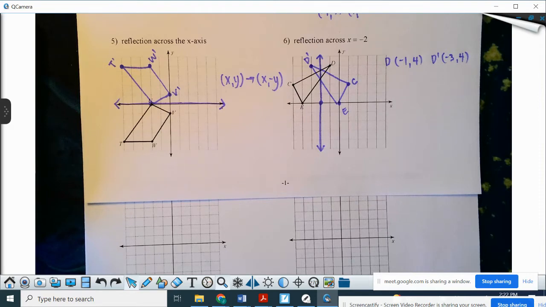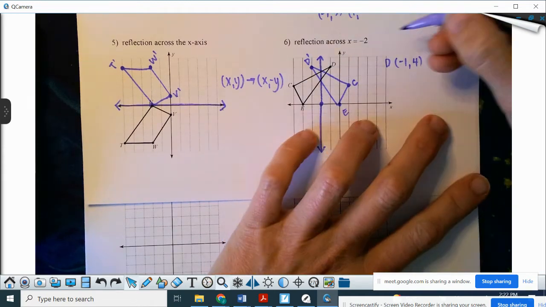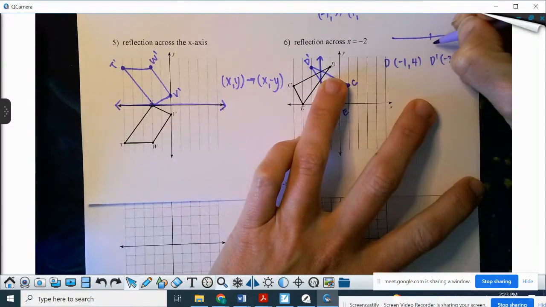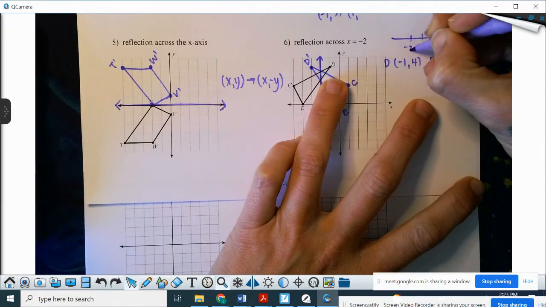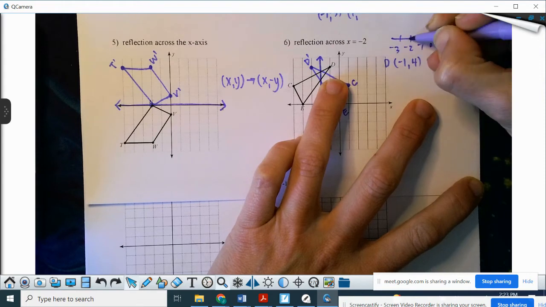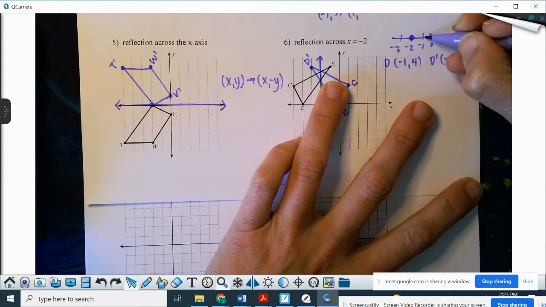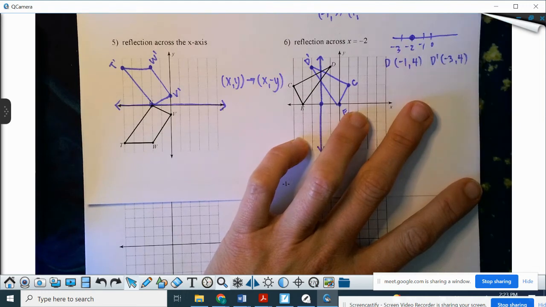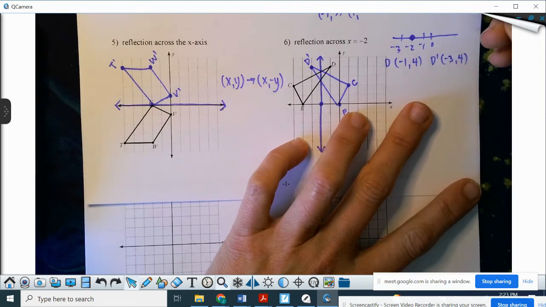I can't think of a reason why you couldn't graph it, but it's all relative to that -2. So even thinking about just your number line where -1 falls, so 0, -1, -2, -3. So all based off of here, -1 is 1 to the right, so it'd be -3, just 1 to the left.